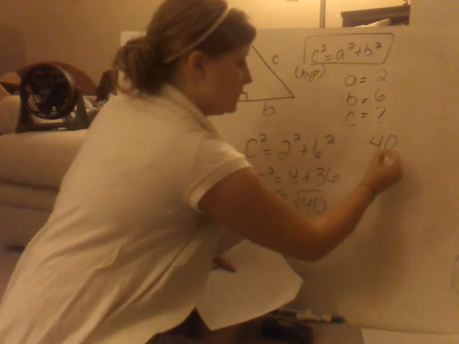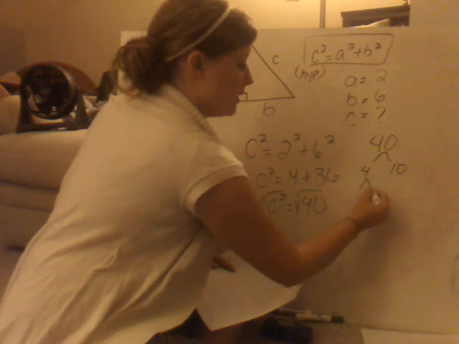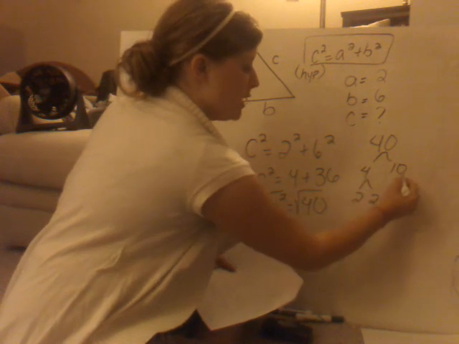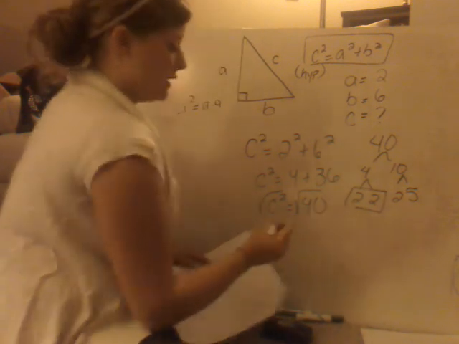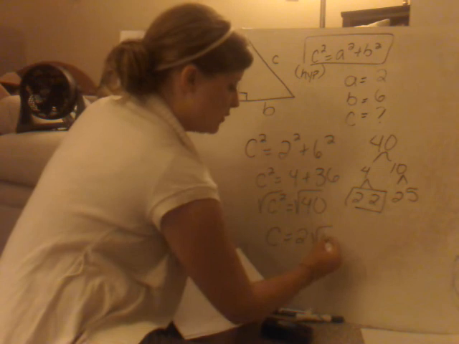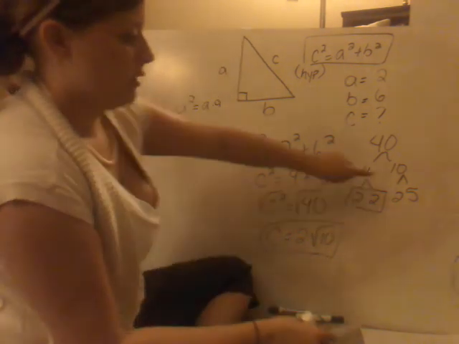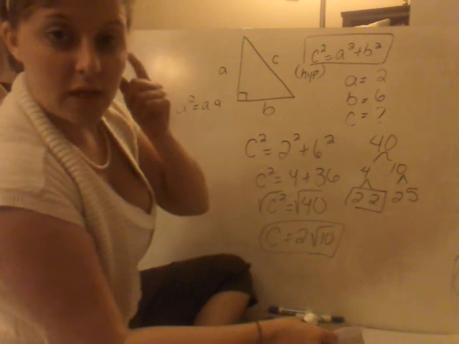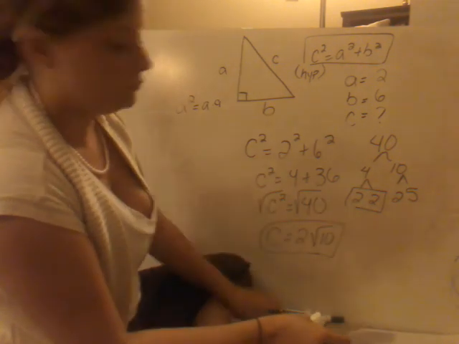Now I have 40 is equal to 4 times 10. 4 is 2 times 2. 10 is 2 times 5. I've got one set of 2's here, so C is equal to 2 square root of 10. Because this doesn't break down, so I can just use the 10 still. And then I have my one pair of 2's, so I can take out 1, 2.